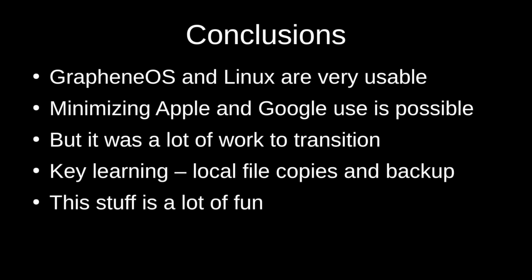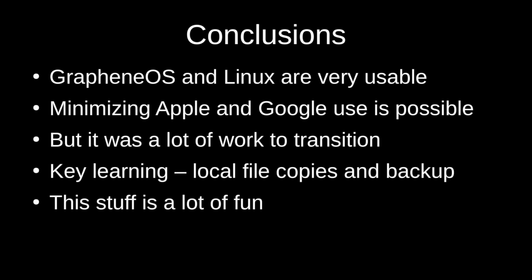So yeah, conclusions really. I didn't really talk about Linux, but a parallel journey I've had here is going from Mac to Linux for my laptop and desktop. That was a lot easier actually. The desktop side, pretty comparable. So yeah, minimizing Apple and Google use is possible, but it was a lot of work to transition, right?